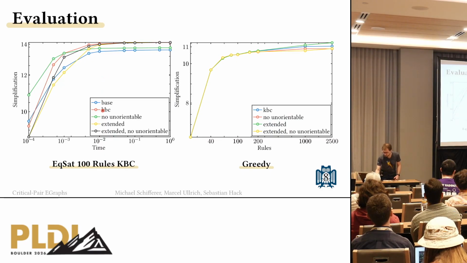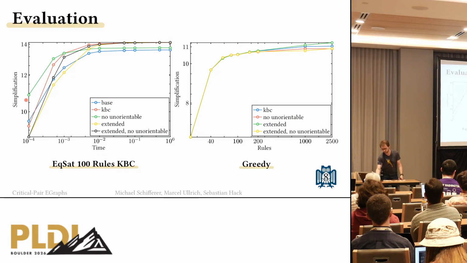And yeah, we also tested out this no unorientable rule set, so we cut out these commutativity rules. And it turns out, if you have enough time, it's worse. It doesn't manage to prove as much as the extended or KBC rule set.